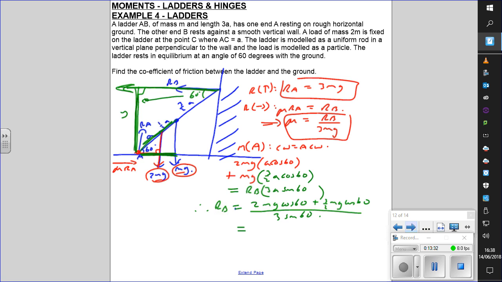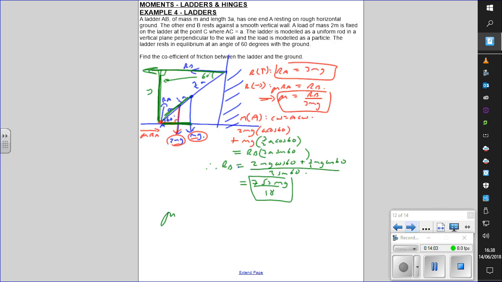So 2 cos 60 plus 1.5 cos 60 over 3 sine 60. Okay, so I've got 7 root 3 over 18 times g. And m in there as well. It's easier to leave the g in there because it's just going to cancel, isn't it? So 7 root 3 mg over 18. Really careful not to lose that mg.